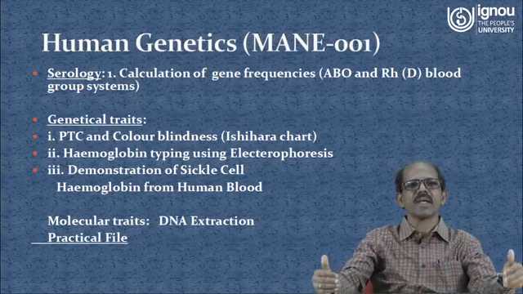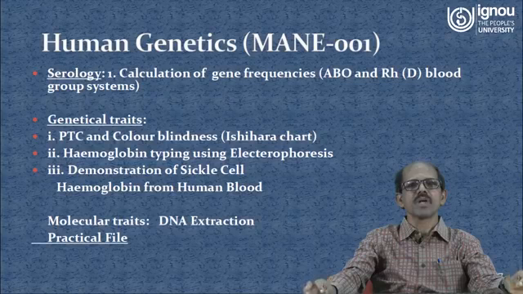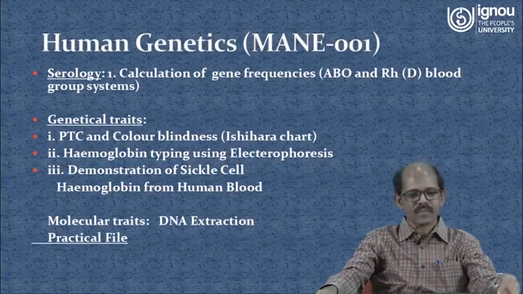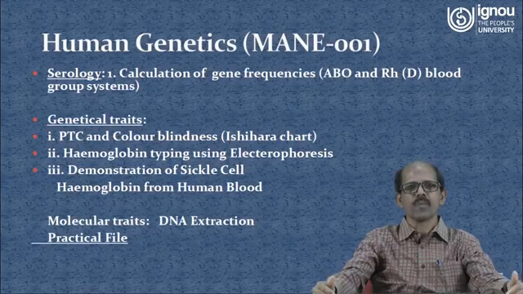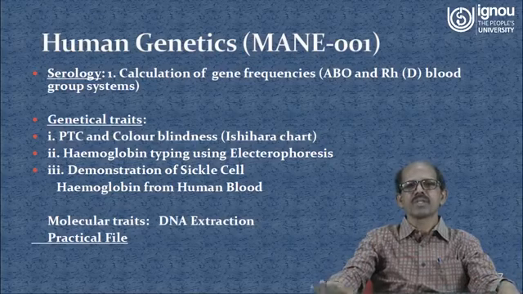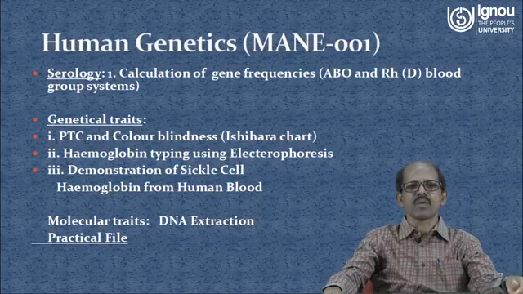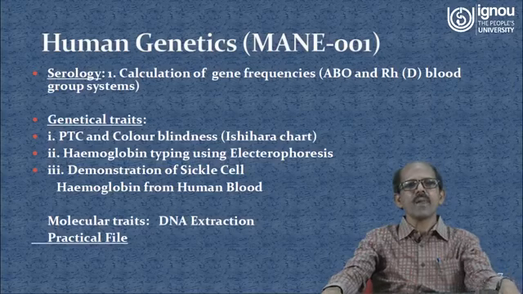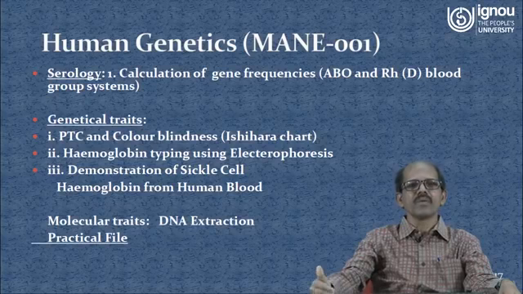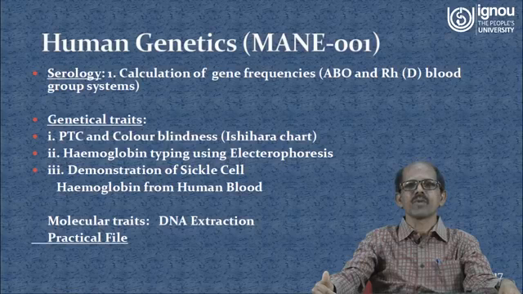The next, we have included a small chapter on hemoglobin typing by using electrophoresis. Electrophoresis is an equipment, and with the help of that, by using agarose gel, we can distinguish the hemoglobin type, that is fetal hemoglobin, adult hemoglobin, etc. And the third one is a demonstration of sickle cell hemoglobin from human blood.